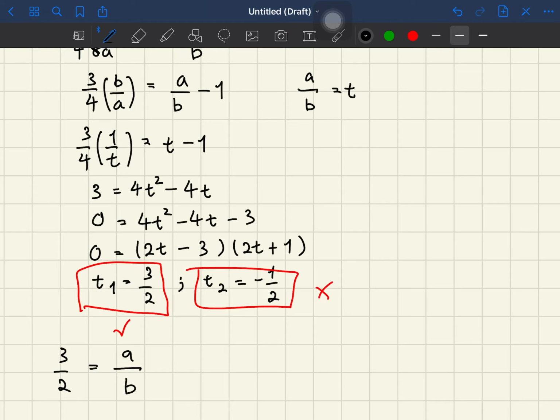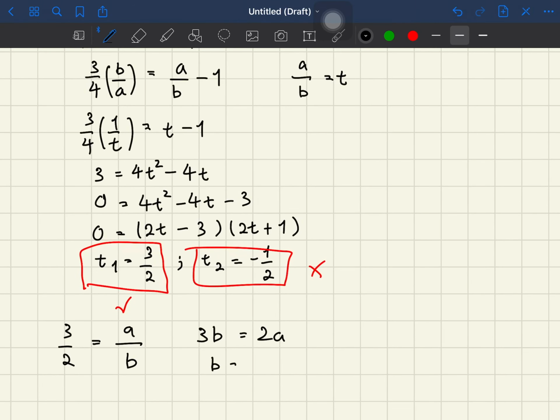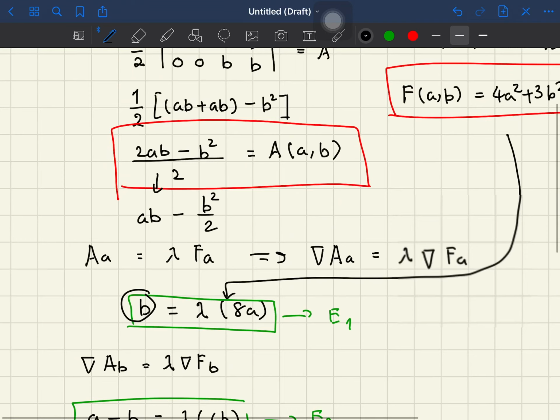And hence, we can just use this, and we try to substitute B equals 2/3 A. And then you will get the third equation. And then substitute this third equation into the constraint, which is this one.